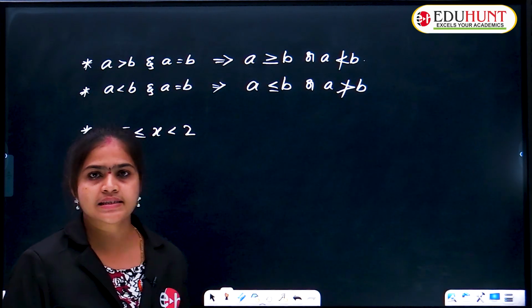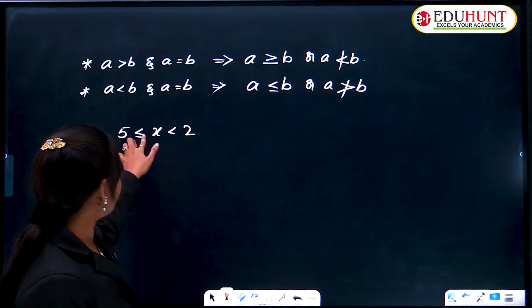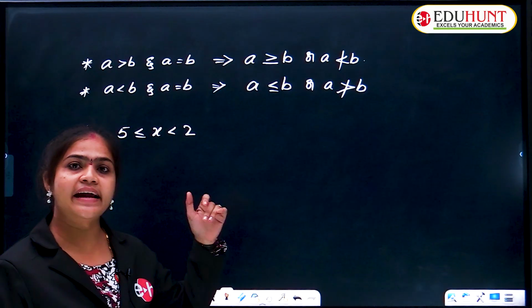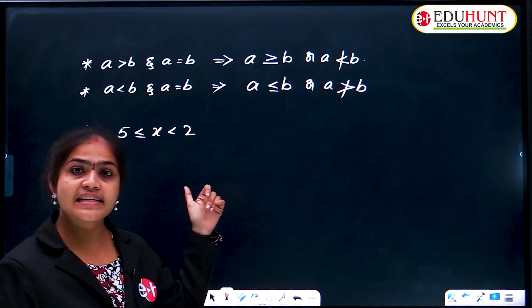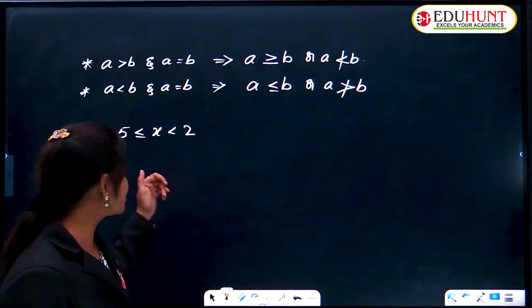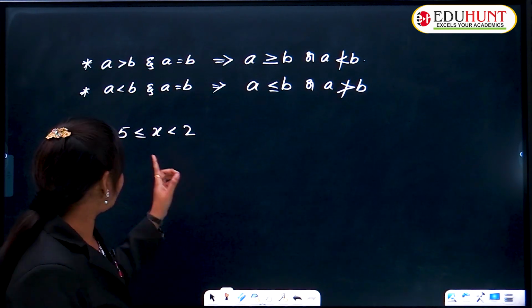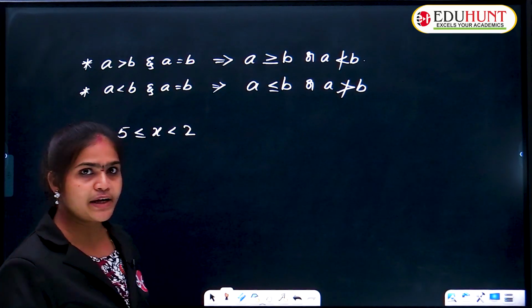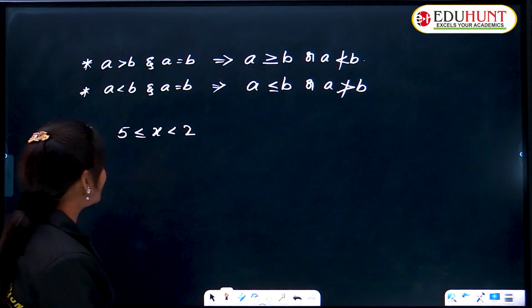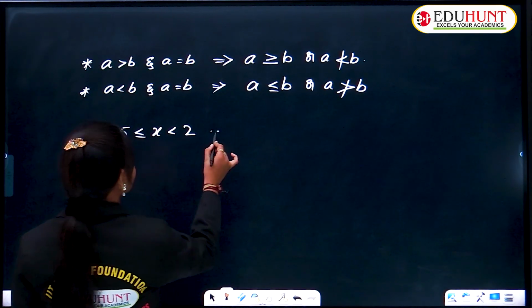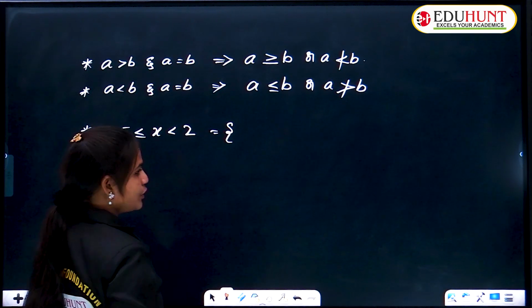Understand? 5 is less than or equal to x, which means x is greater than or equal to 5. And in the same way x is less than 2. Then how to write it? X must be less than 2.